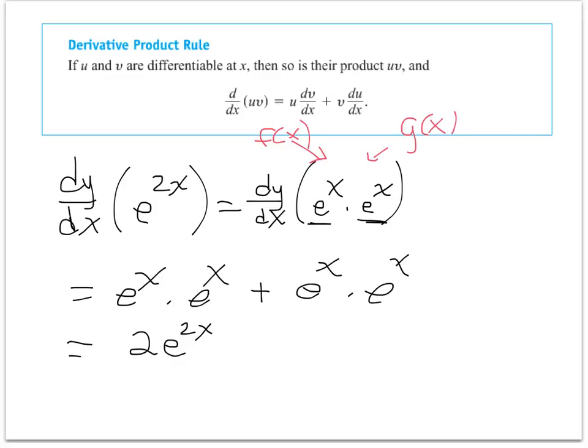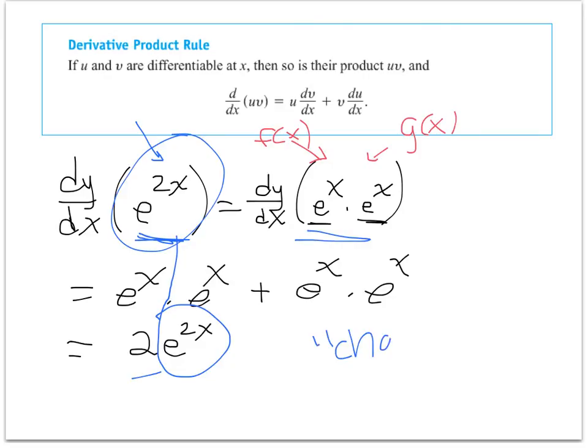Now, again, kind of looking ahead, and I don't want to confuse you, but what the chain rule does is says, well, e to the anything, the derivative, is e to the anything, and then I take the derivative of what's on top, and that's where the 2 came from. Okay, but for right now, if you haven't had calculus, don't let that confuse you. You just might have to separate these into a product, which is what we did. But again, this is for future, a much easier way to do this with something called the chain rule.